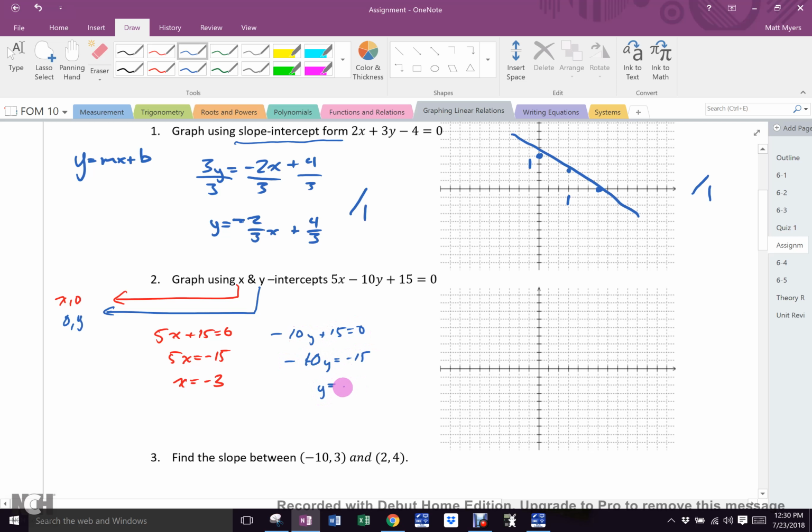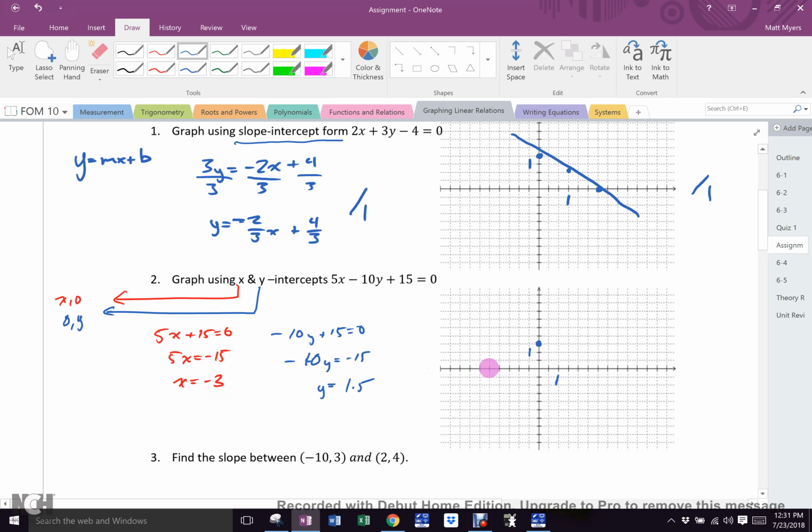Y equals positive 1.5. Since it's a decimal, we should change the scale. 1, 2. There is 1. So y is 1.5. 1, 2, 3. There's my y-intercept. And negative 3 for the x.